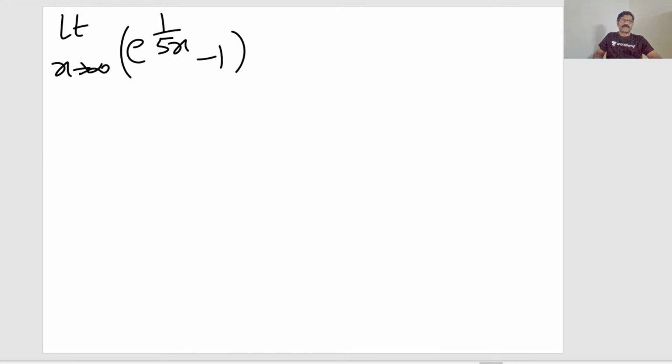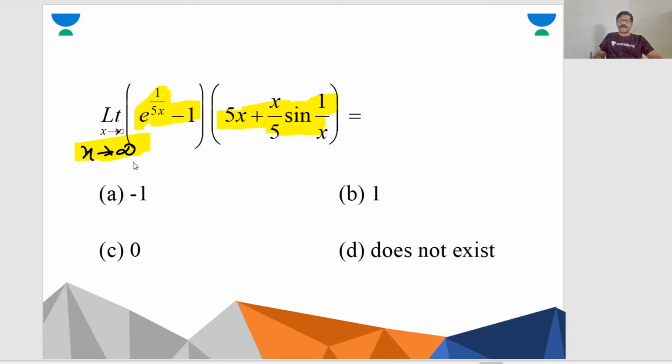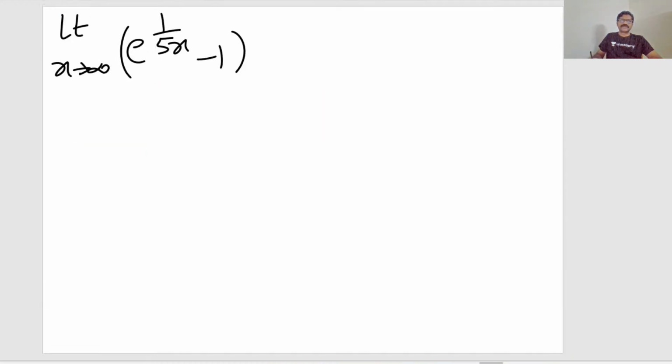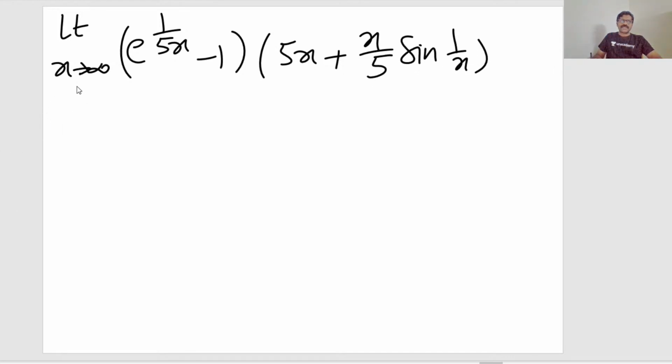Limit x tends to infinity, (e^(1/(5x)) - 1) multiplied with (5x + (x/5) sin(1/x)).